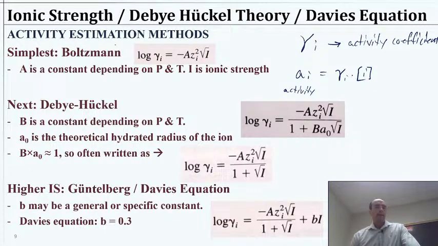So we have the log of that activity coefficient is equal to negative A, talk about that in a second, times Z, which is the charge, squared, times the square root of I, being the ionic strength. Okay, so we just solved for ionic strength. We've got that. We know how to deal with a log term. That's no big deal. We know the charge, and we square it. This A, then, is some constant depending on the pressure and temperature.